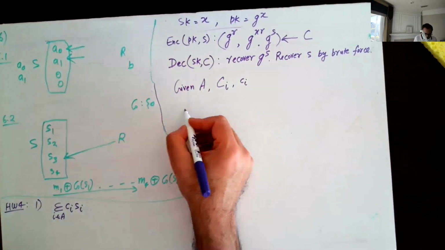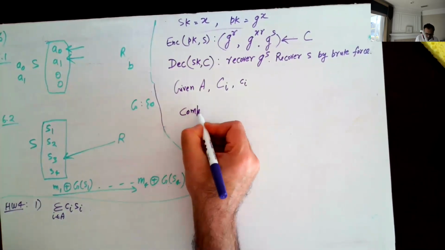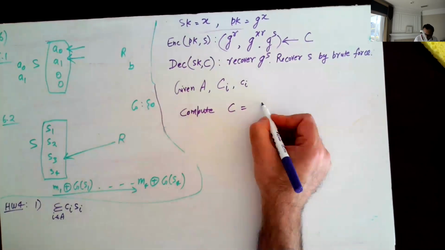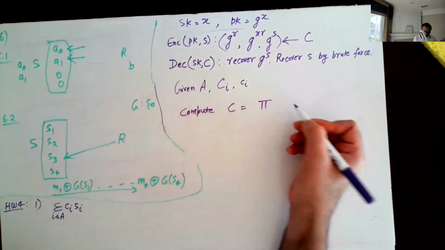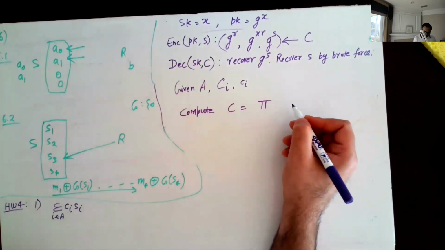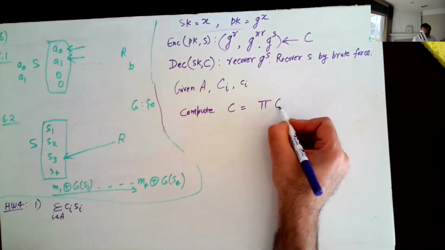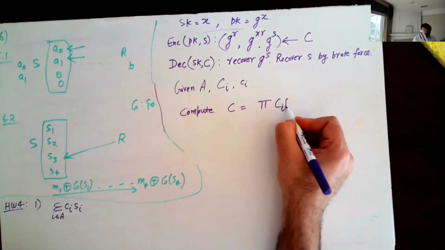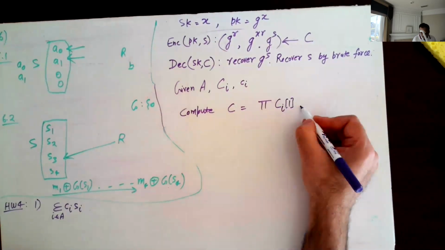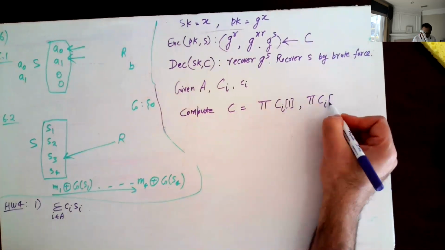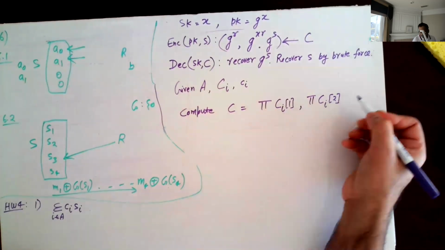Compute another ciphertext C, which is the product of all the ci first components, comma, product of all ci second components.